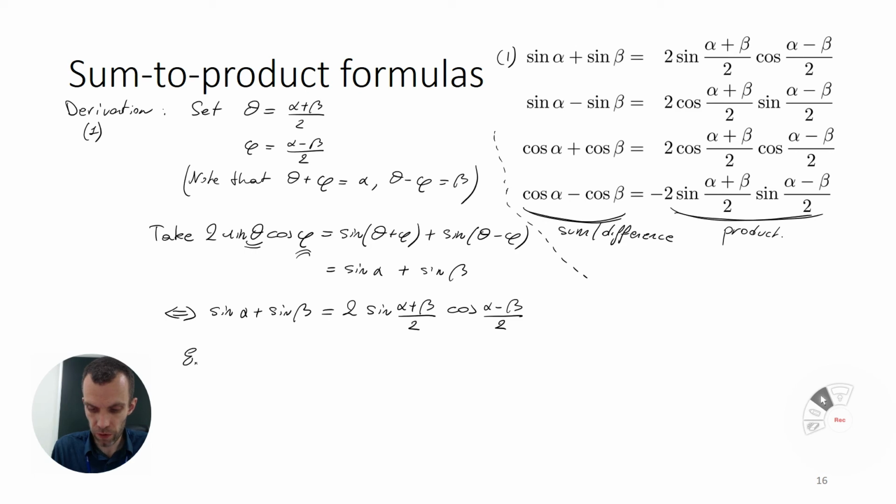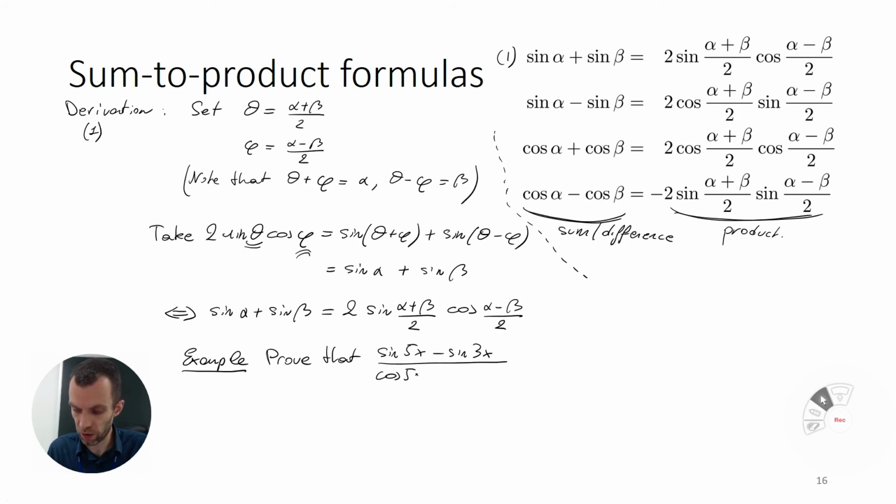And now, as a quick last example, we'll prove that sine 5x minus sine 3x divided by cosine 5x plus cosine 3x is equal to tan of x.